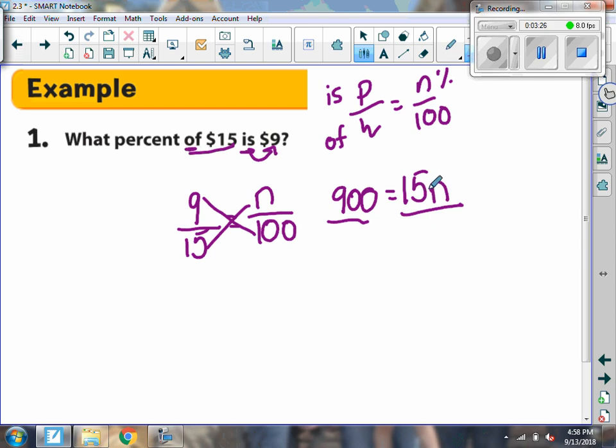Right now this is 15 times n. The opposite of multiplication is division. So to get rid of our 15, I'm going to divide by 15. So 900 divided by 15. I think, okay, 15 goes into 90 6 times. So 15 goes into 900 60 times. So n is equal to 60. So what percent? It's going to be 60%, is my answer.